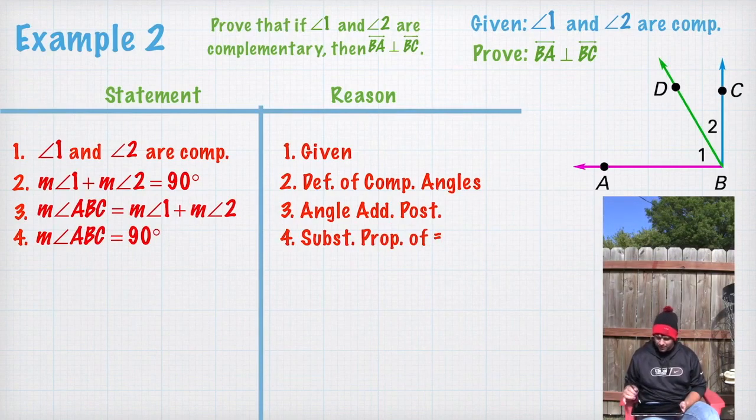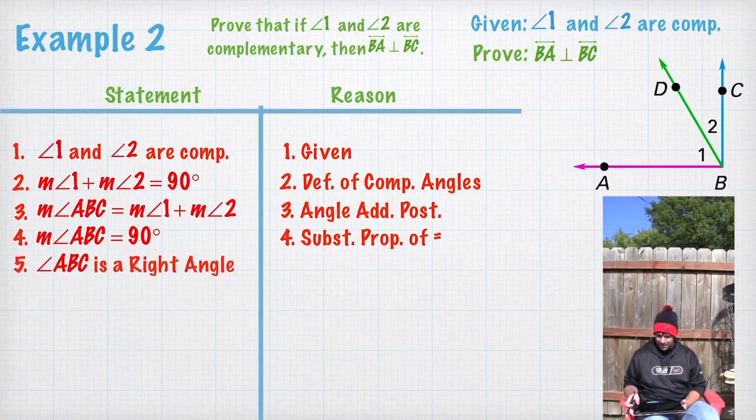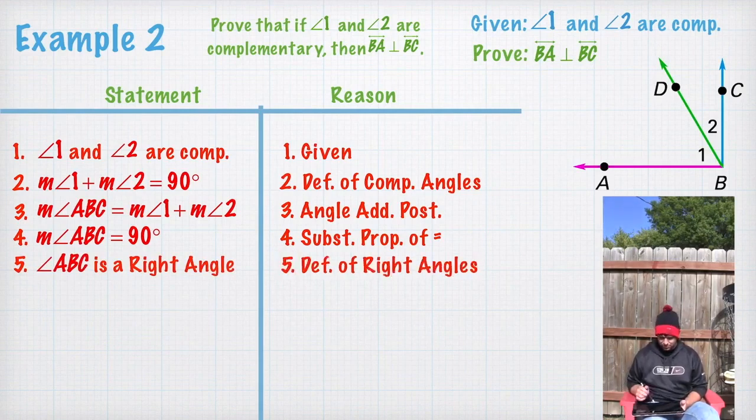Okay. Ultimately, we're trying to prove that line BA and line BC are going to be perpendicular. Well, here we show that the whole angle forms a 90-degree angle, which means that it is also a right angle, right? So angle ABC is a right angle, okay? And that would be the definition of right angles.